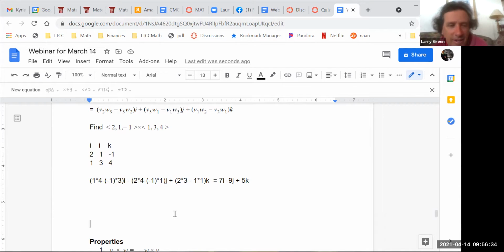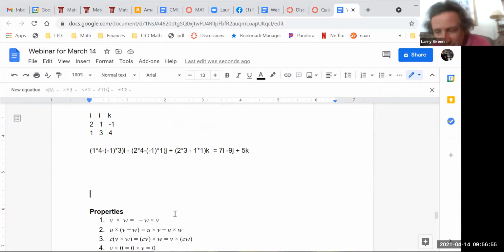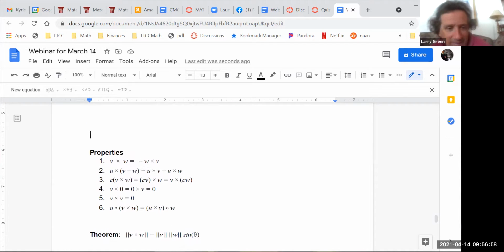Okay, the good news is this is a little like multiplication in that if you take two vectors and you cross them, you get a vector. That's a good thing, isn't it? But there's some bad news. The bad news is it doesn't have all the properties of multiplication. So let me show you the biggest issue, and that's number 1.